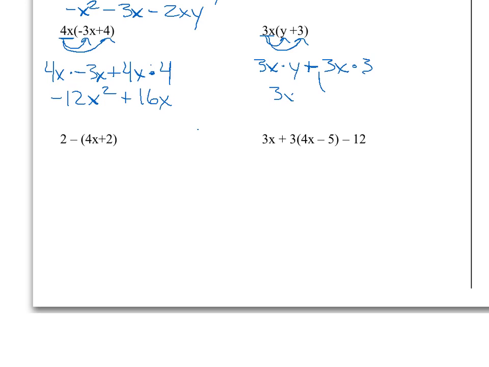So I'm going to have to leave it there because I can't combine different variables into one exponent. And I can't multiply 3 times x times y, any of that. The next one I add 3x times 3. So I have 3 times 3, that is 9 times the x, 9x.